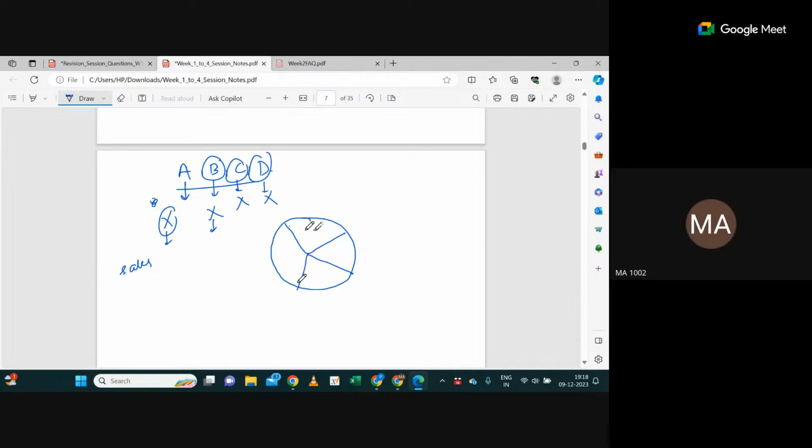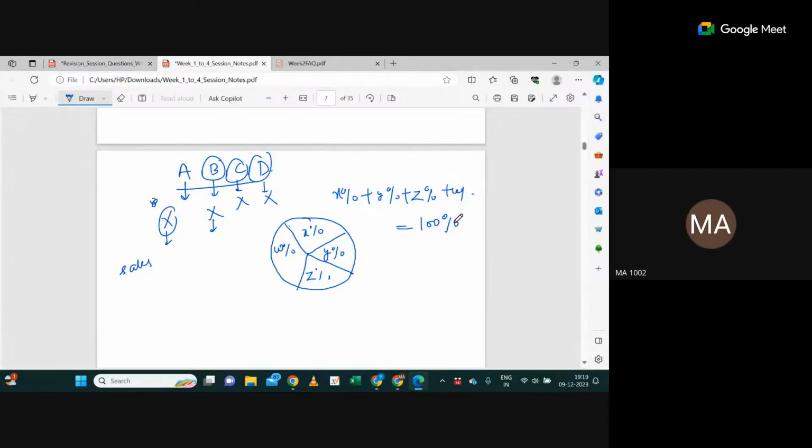Let's say for company A there is some X percentage of sales, for company B Y percentage, for company C Z percentage, for company D let's say some W percent. Yes or no? So these are nothing but parts of a whole, and the summation of all of these should be 100%. Or you can say, suppose you are interested to know, for a single company, the sales of each item for a business.